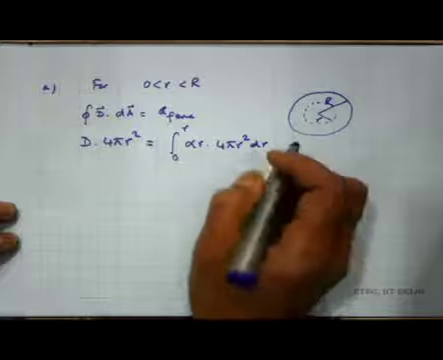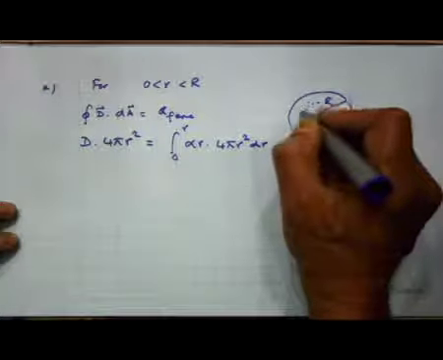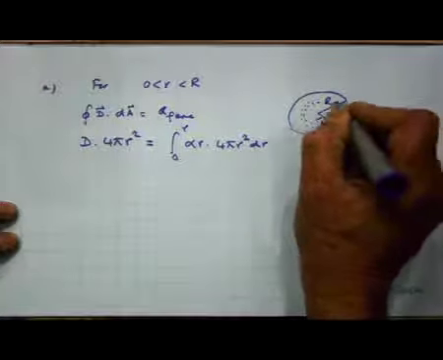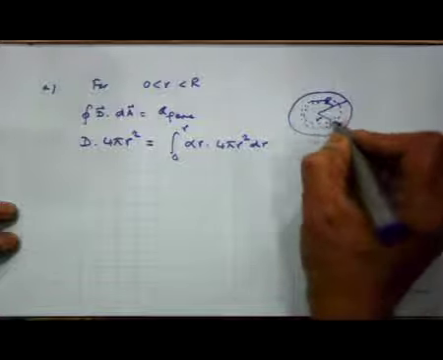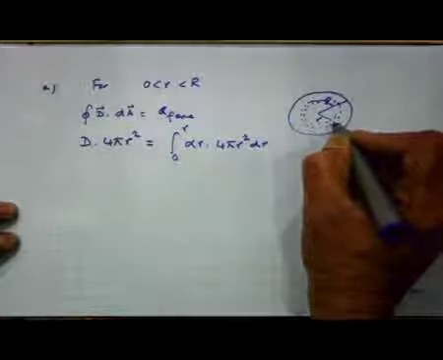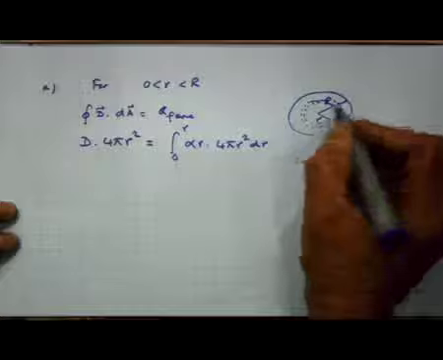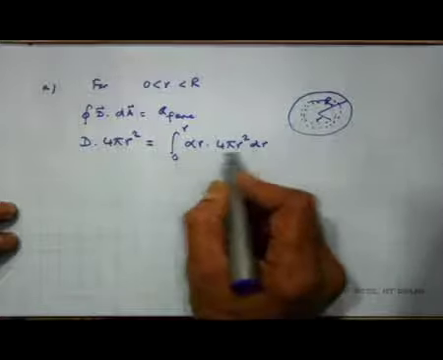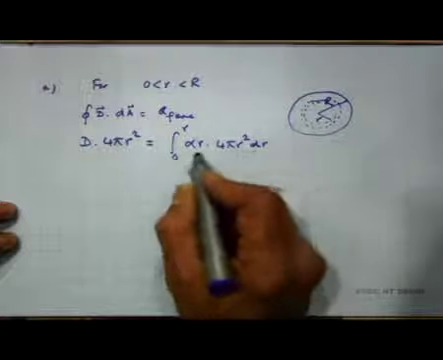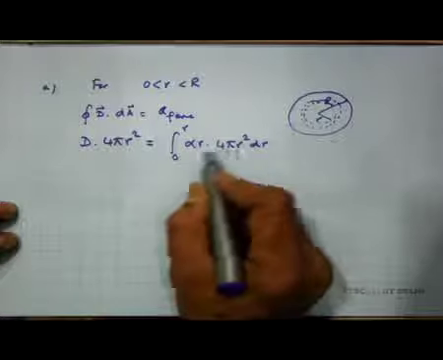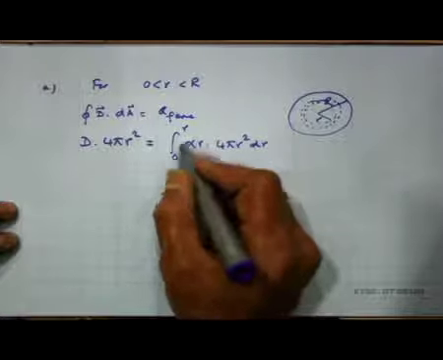Here 4 pi r squared dr is the elemental volume lying between a radius small r and a radius small r plus small dr. That spherical shell will contain a charge equal to the volume multiplied by the charge density, and if I integrate this I will get all the charge lying between 0 and r.